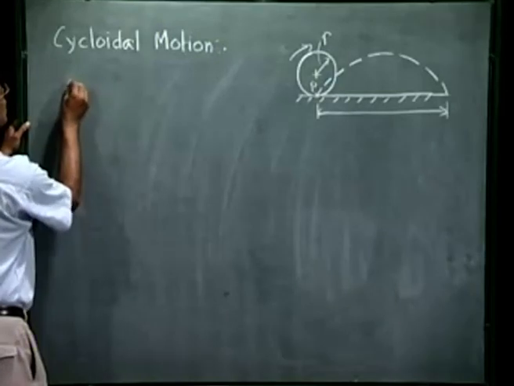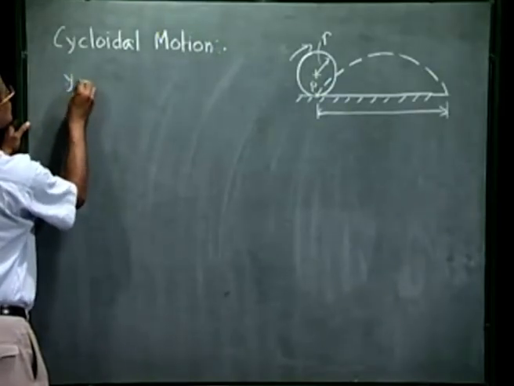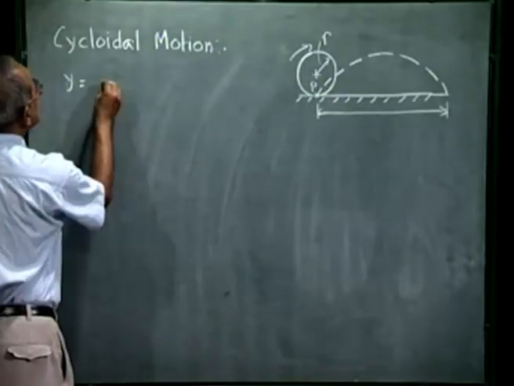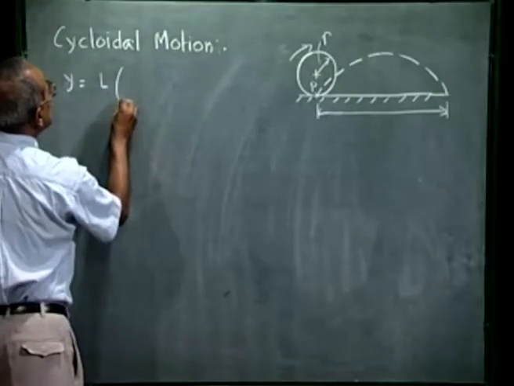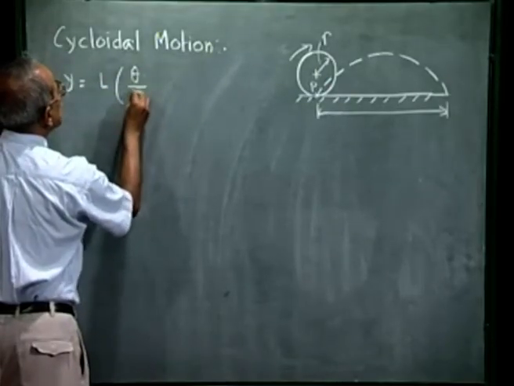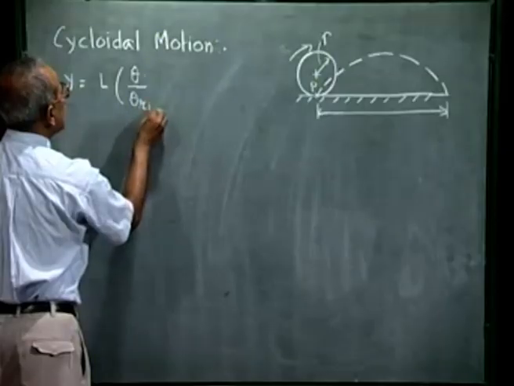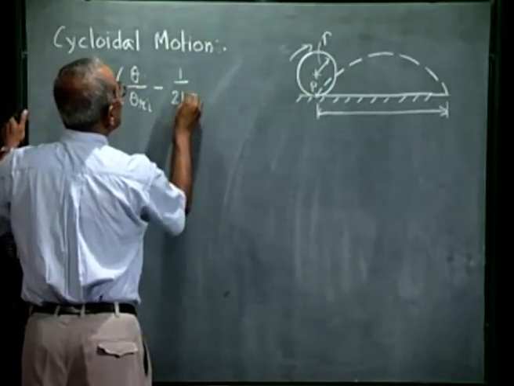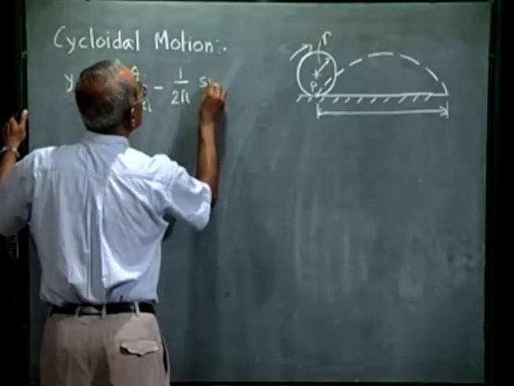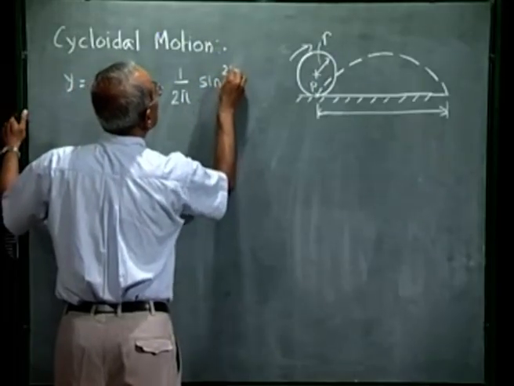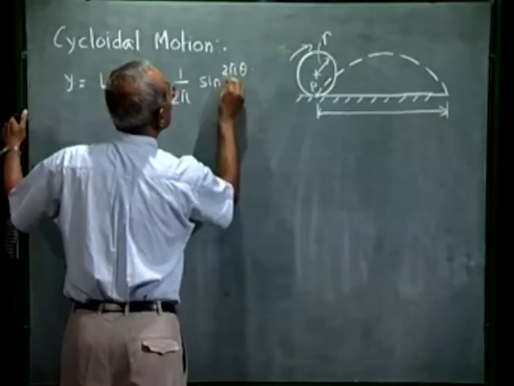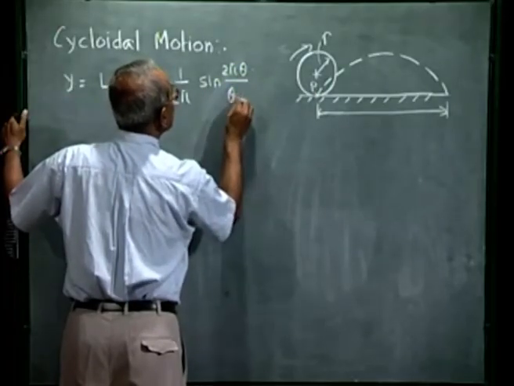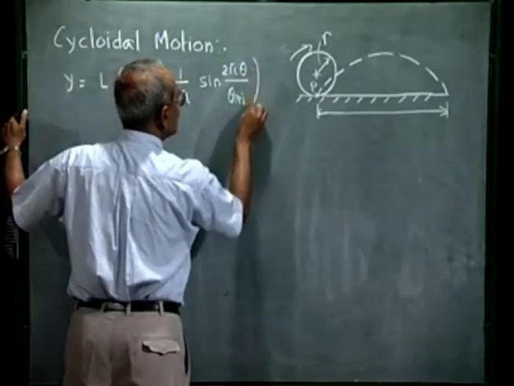For the cycloidal motion, the follower displacement y will be given by L into theta by theta Ri minus 1 by 2 pi sine 2 pi theta divided by theta Ri.